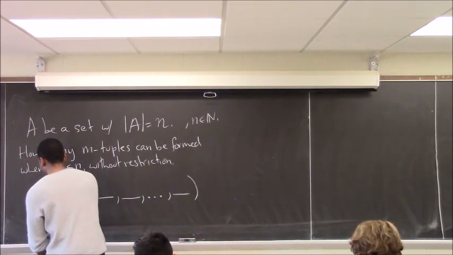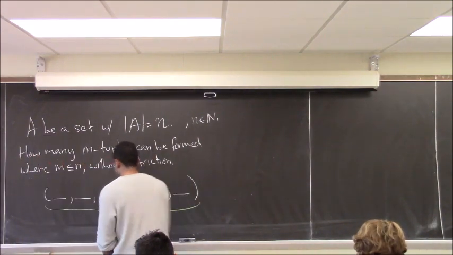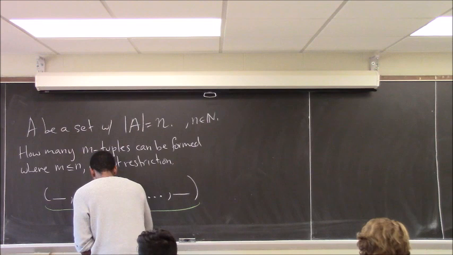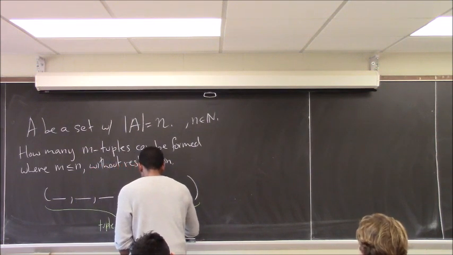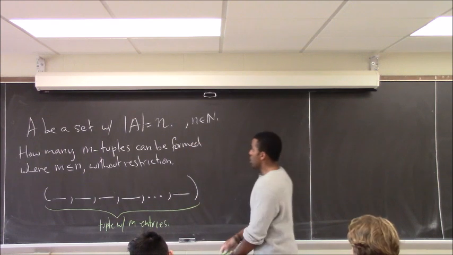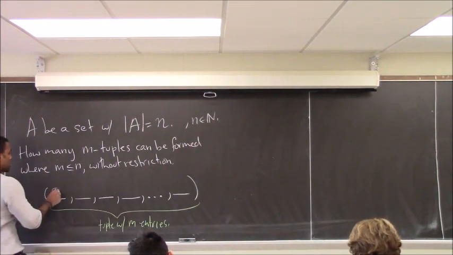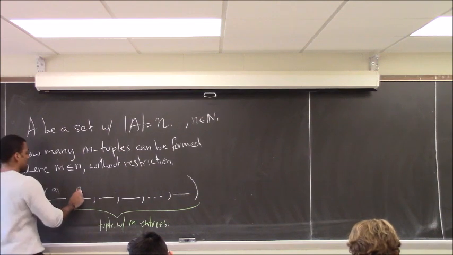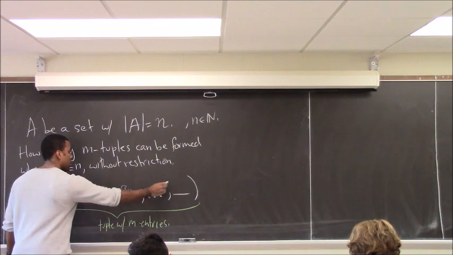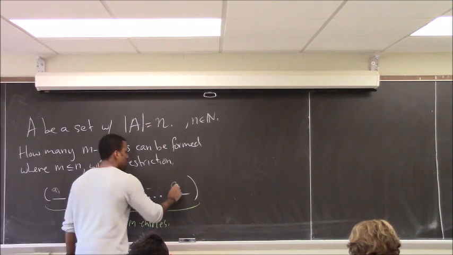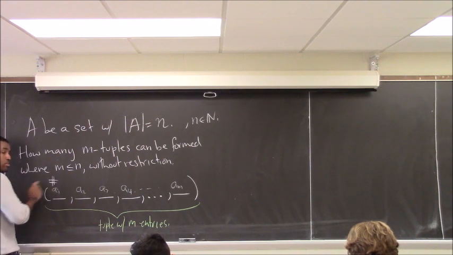A tuple with n entries. Okay. So I can put anyone from A in here, put anyone else from A here, anyone else here, anyone else here, and continue up to m times. How many total do I have?